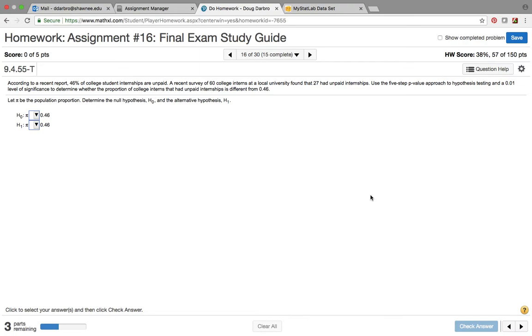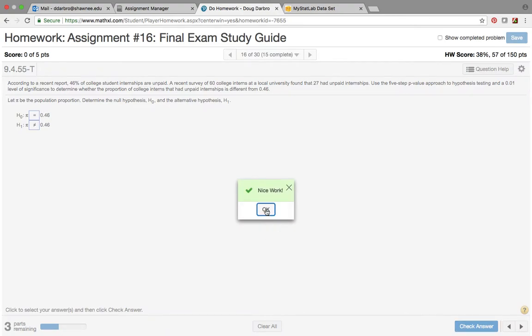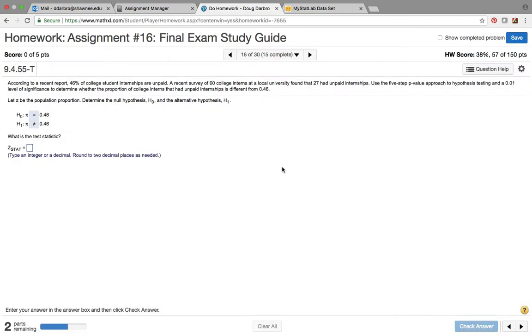Use the 5-step p-value approach at alpha 0.01 to test whether the proportion is different from 0.46. So the null hypothesis is that it is equal to 0.46, and the alternative is not equal to 0.46. There's nothing that says it's higher or lower. It just says it's different. What is the test statistic?